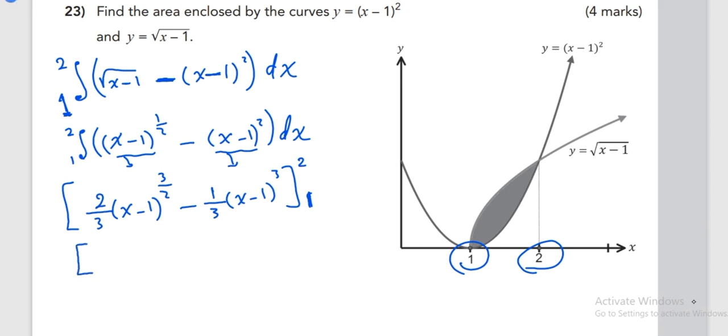And we have to write the substitution. 2 over 3 multiply 2 minus 1 power 3 over 2 minus 1 over 3 multiply 2 minus 1 power 3. It's 2 over 3.